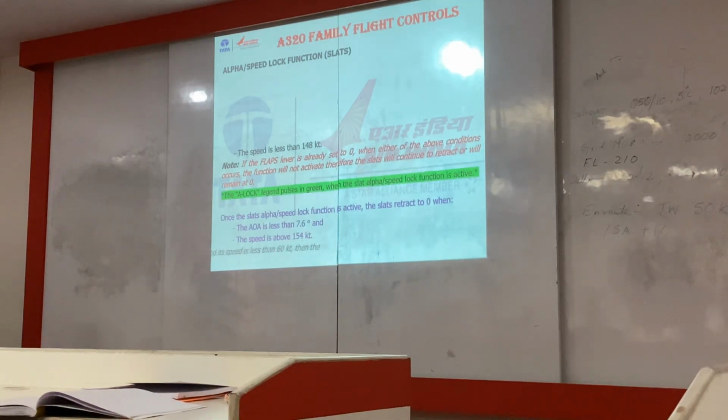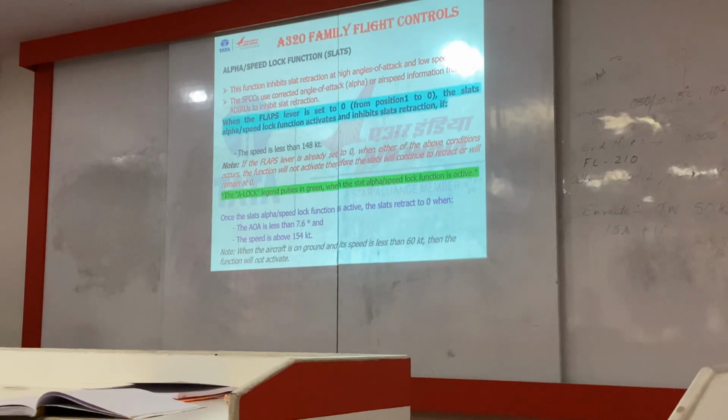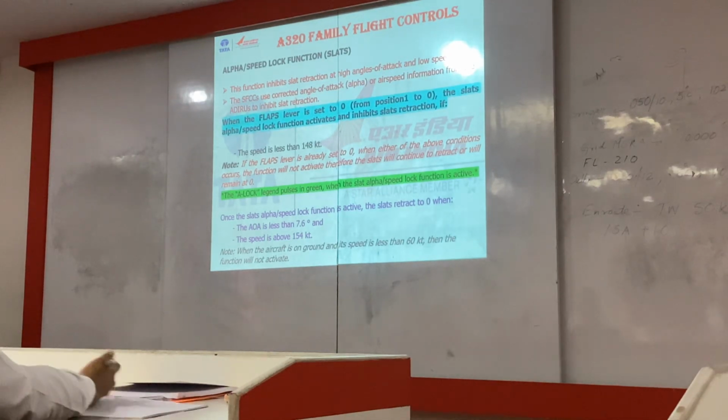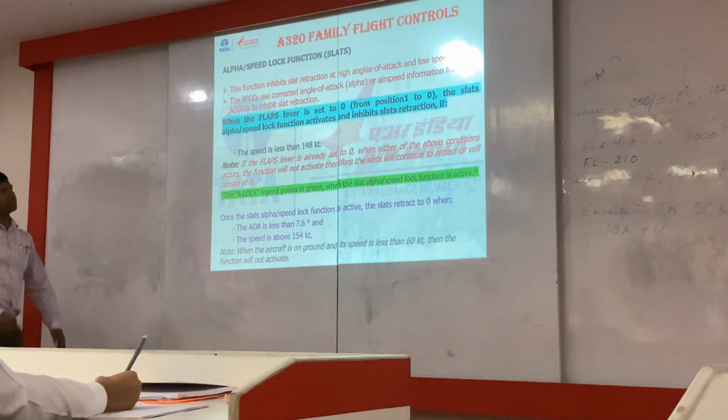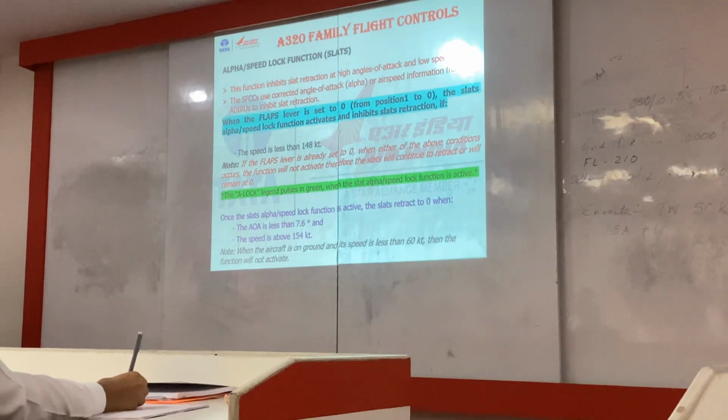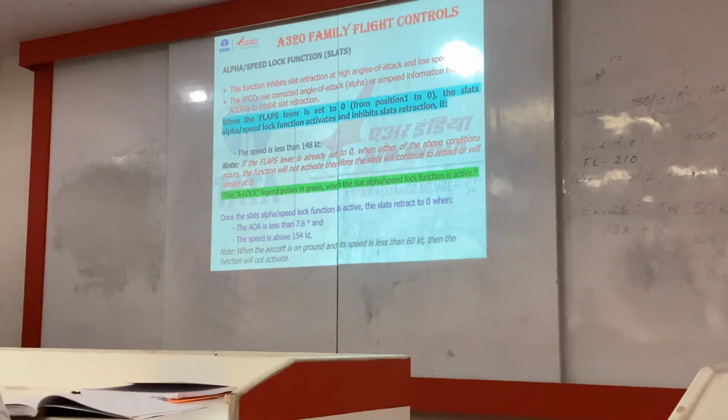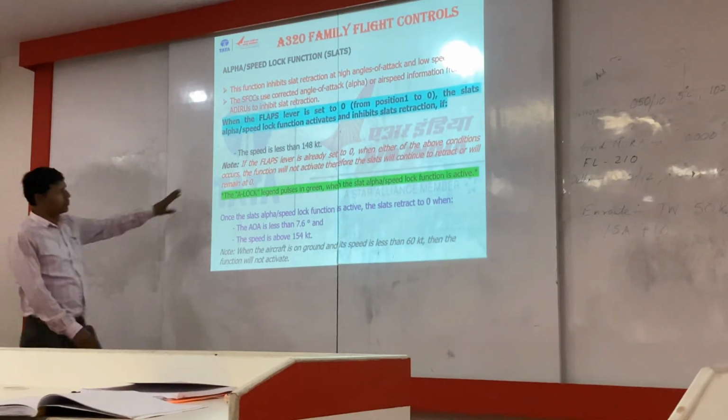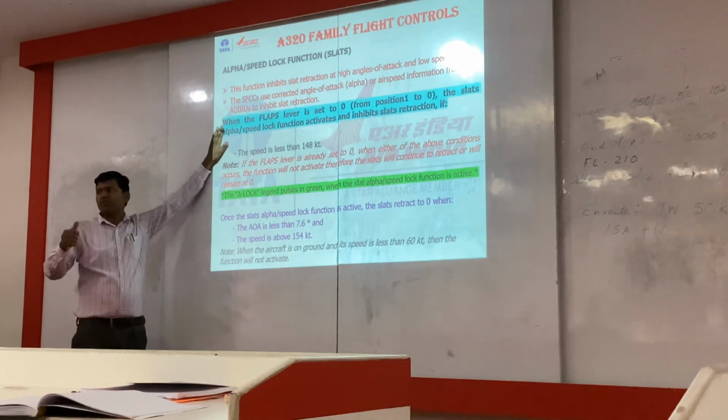This is also one of the important functions: alpha speed lock. This function inhibits the slat retraction at high angle of attack and low speed. The SFCC uses corrected angle of attack and airspeed information from the ADR to inhibit the slat retraction. Suppose the flap lever is set to 0, meaning you are moving from 1 to 0.